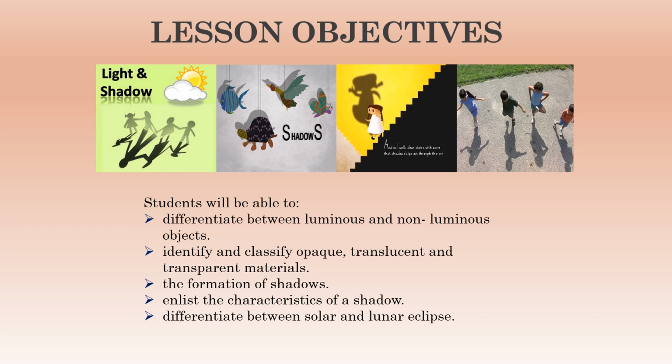Here, students, in this lesson, our objectives will be: you will be able to differentiate between luminous and non-luminous objects. You will be able to identify and classify opaque, translucent, and transparent materials.